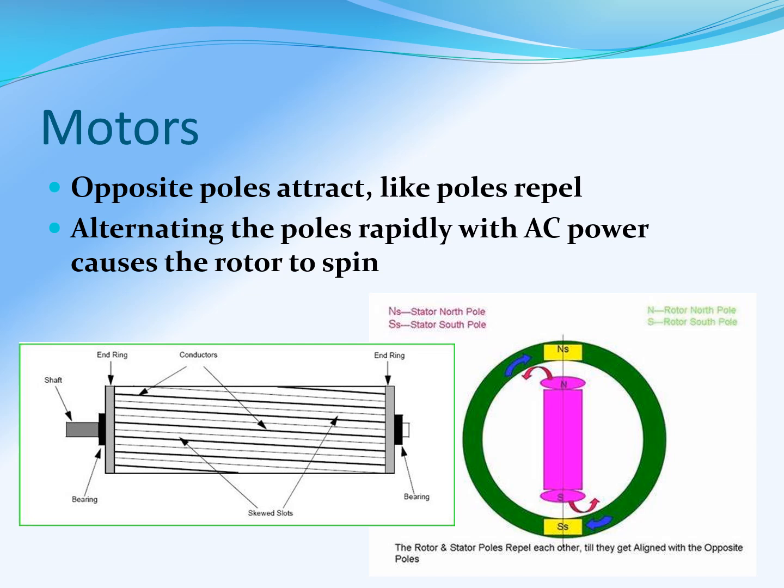Like I said here, opposite poles attract, and so you have B trying to get away from A, and C trying to get away from B, and A trying to get away from C. But as they rapidly chase each other with this alternating current, it causes that rotor to spin.